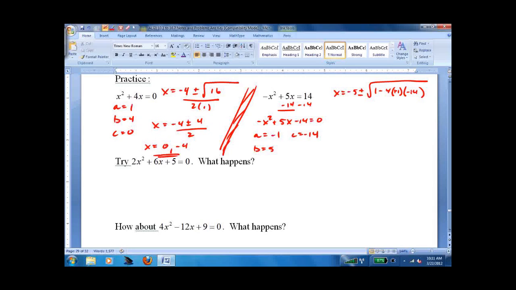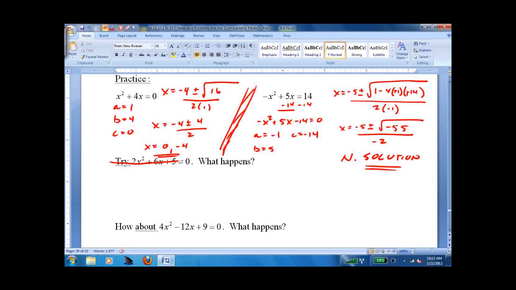Three negatives in this one, 2 will cancel out. And we end up with -55 inside the radical. So we know there's no solution.